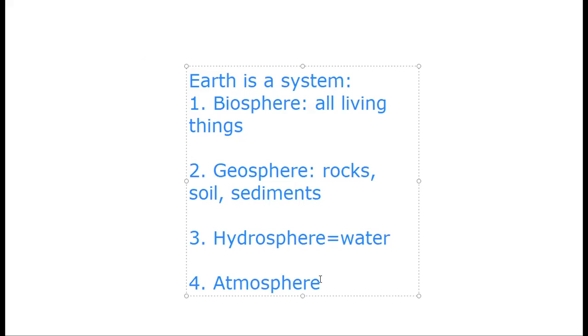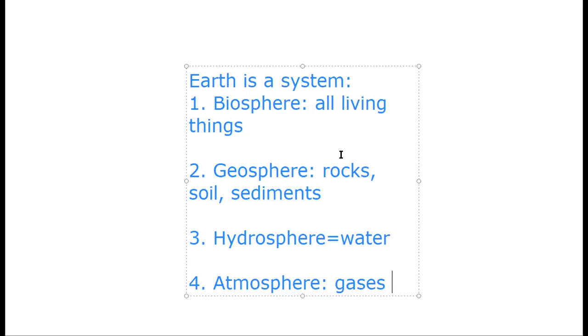Atmosphere. Sadine: Gases. The mixture of gases that surround the earth is called the atmosphere. The atmosphere is made up of different gases: nitrogen, oxygen, carbon dioxide, water vapor.